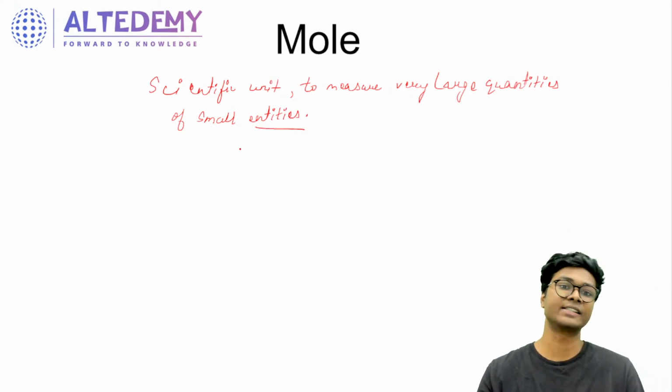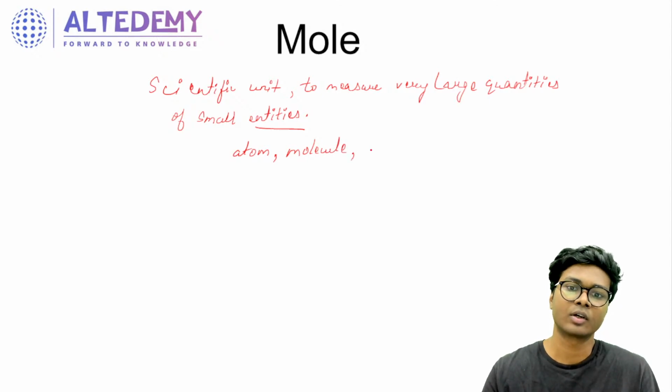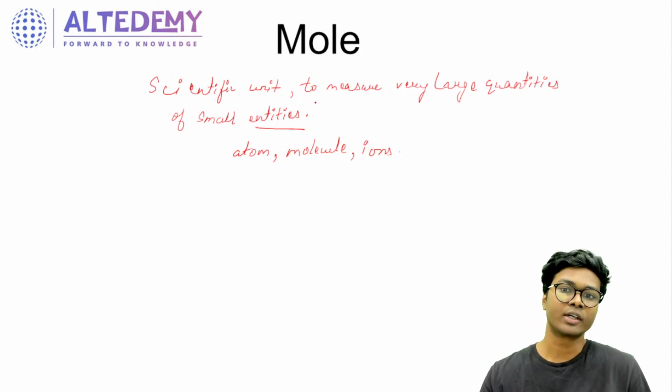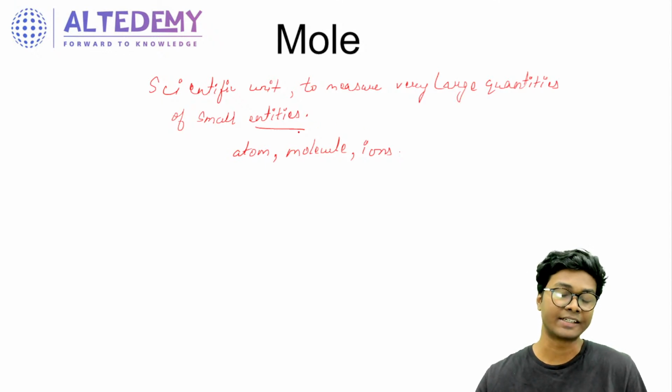By small entities, I mean atom. By small entity, I mean molecule, or it can be ions. So what does this statement say? It says a mole is the scientific unit to measure very large quantities of very small entities.